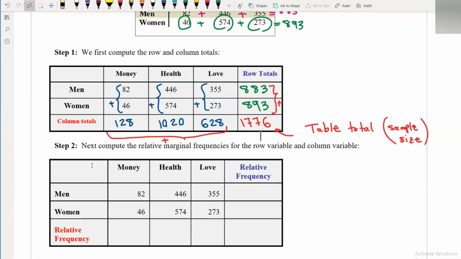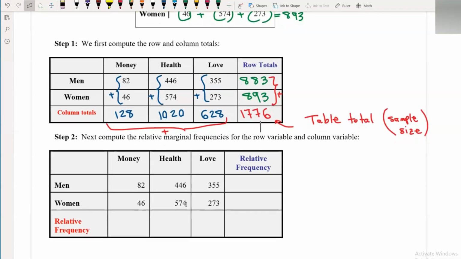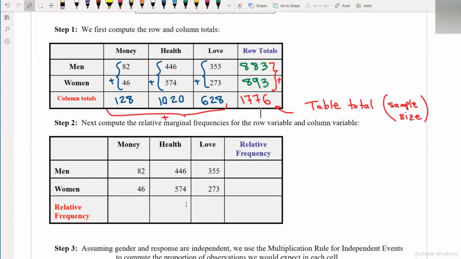Now step 2, compute relative frequency. We already know how to find relative frequency using these observed values. Divide by what total to find relative frequency?